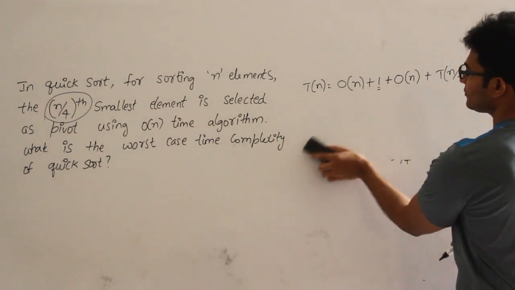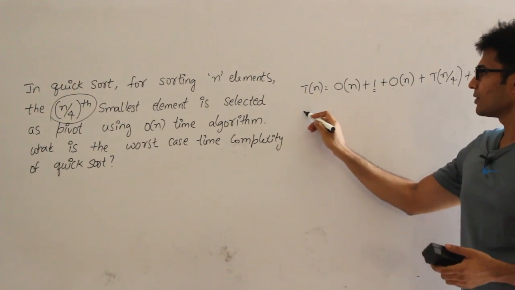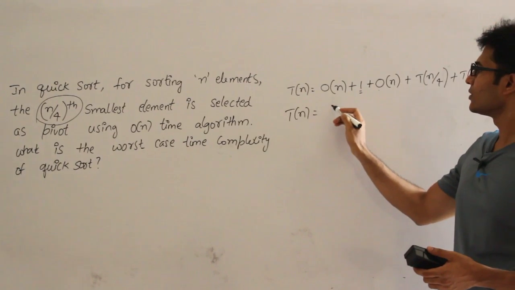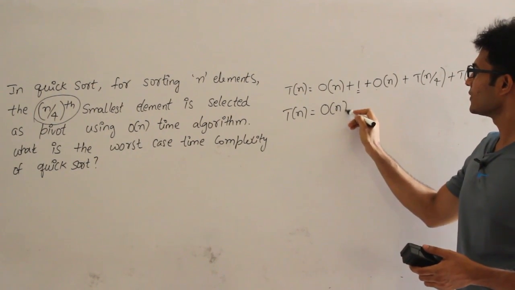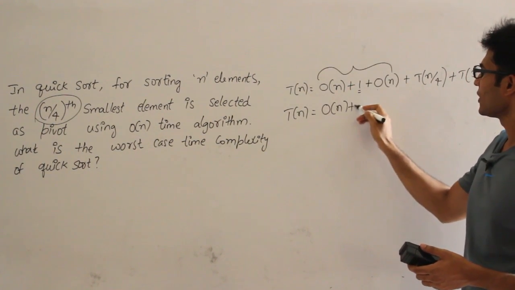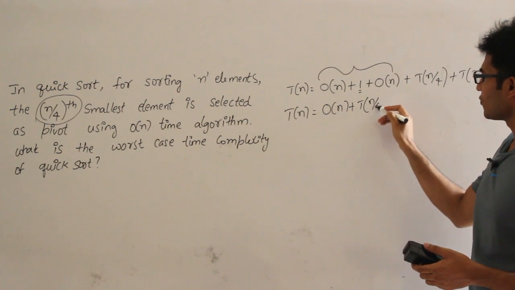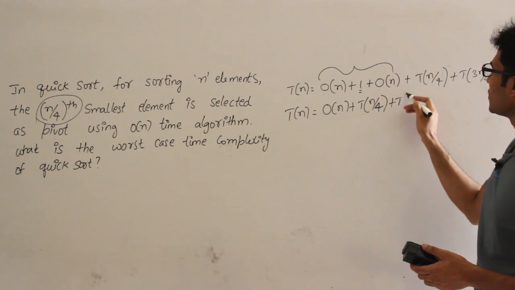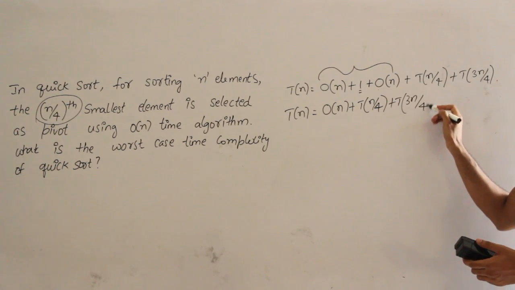Then T of n equals order of n plus T of n by 4 plus T of 3n by 4, right?